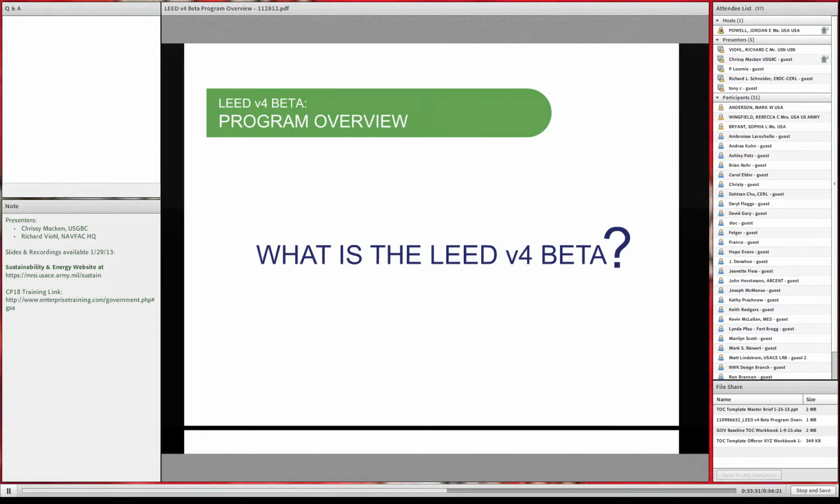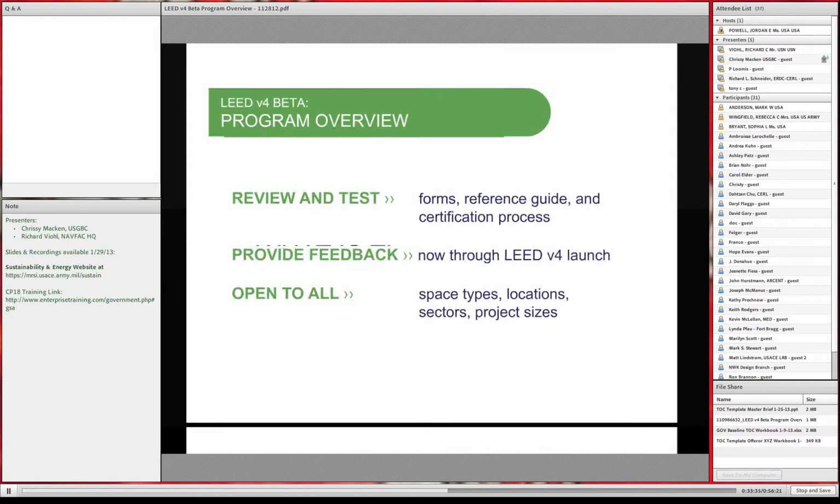In terms of a program overview, the LEED version 4 beta is a test and review of all of the core components of the LEED rating system. So we're looking at the forms, the reference guide, the certification process, really from a user perspective, all of the elements of the program that you all engage with every day as you use it.